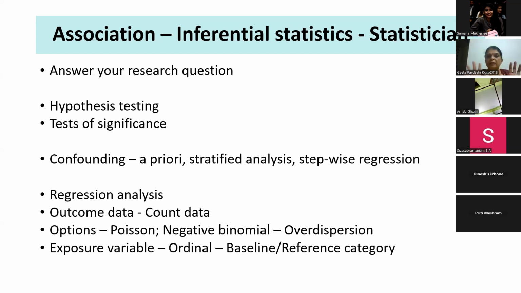And I show that, okay, for my data, this is a confounder. When everything is clear, then I go to my inferential statistics. And like last time, I have told you that you may need to consult a statistician to answer your research question, to test your hypothesis and use appropriate tests of significance.